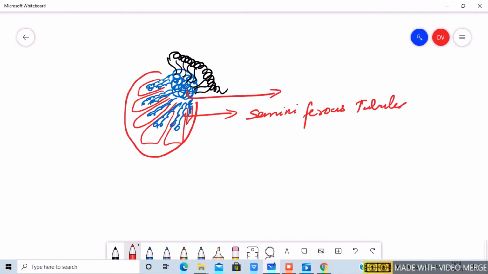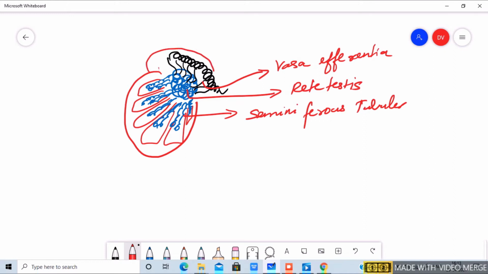This network is the rete testis, and the tubes arising from the rete testis and joining the epididymis are known as the vasa efferentia, and this part is the epididymis.